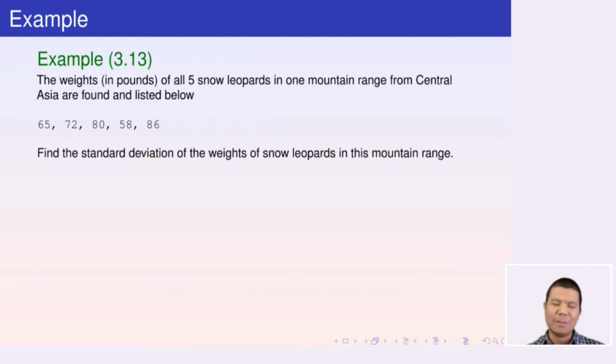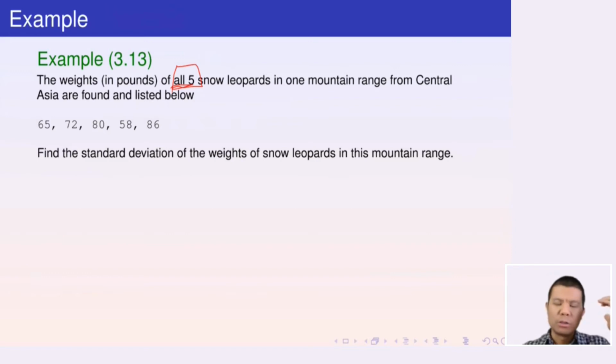Firstly, is this a sample data set or population data set? How do you think? Be careful. The word here is all 5, which means there are only 5 snow leopards in this mountain range. So this is a population, the whole collection of all the objects of interest.